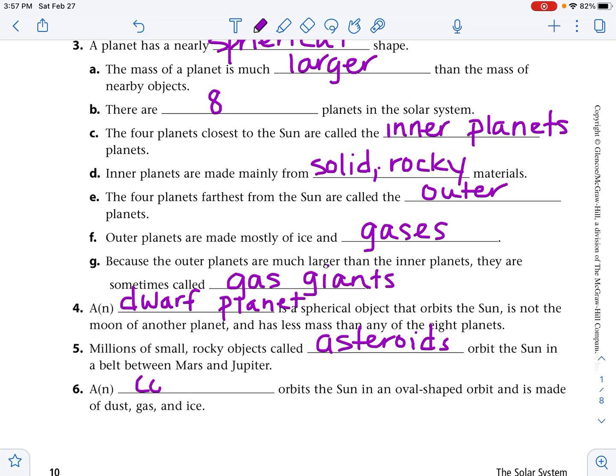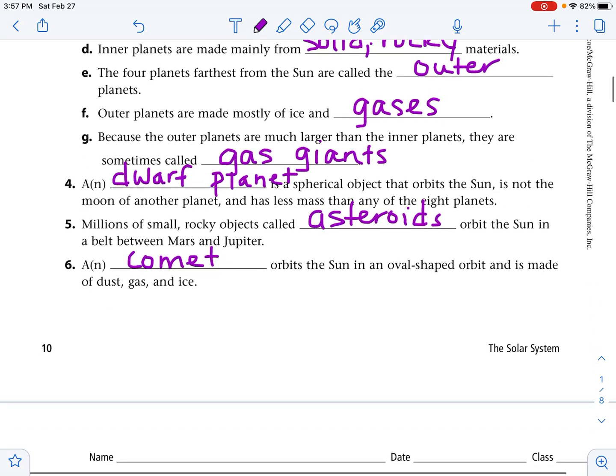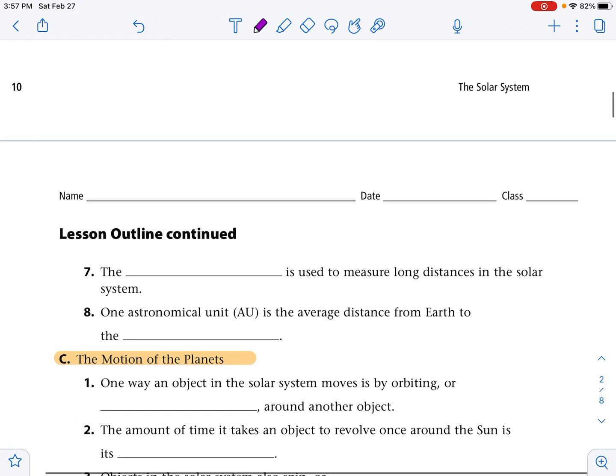A comet orbits the sun in an oval-shaped orbit and is made of dust, gas, and ice. The astronomical unit is used to measure long distances in the solar system.